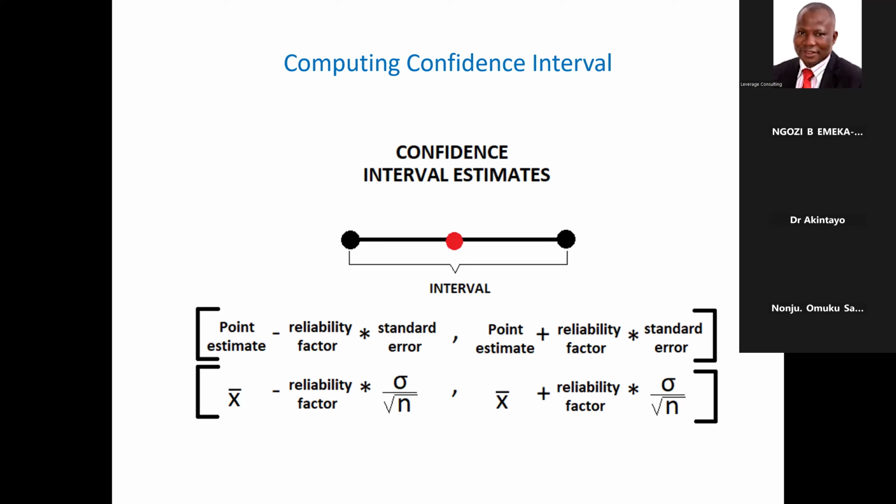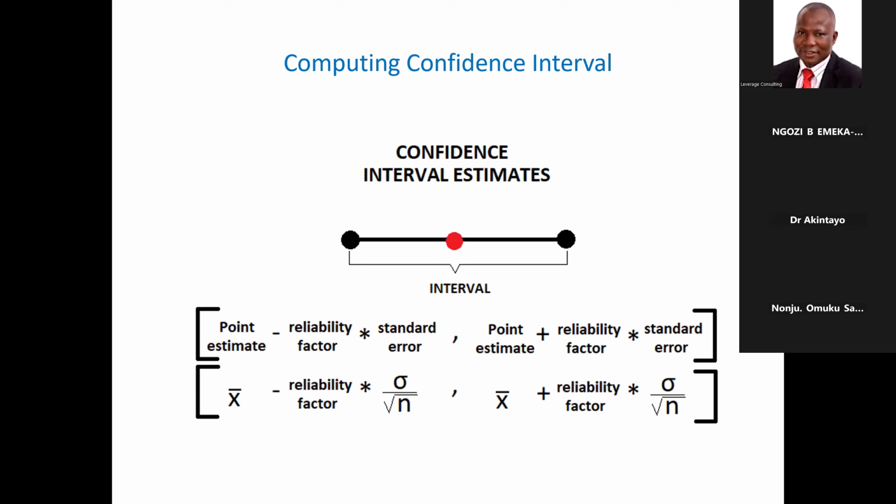So the lower limit is x-bar minus the reliability factor times the standard error, and this is the formula for standard error: standard deviation over the square root of sample size. The upper limit is x-bar plus the reliability factor times the standard error.